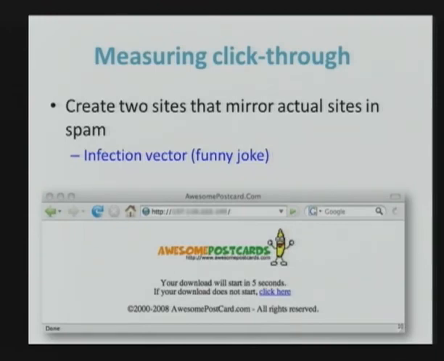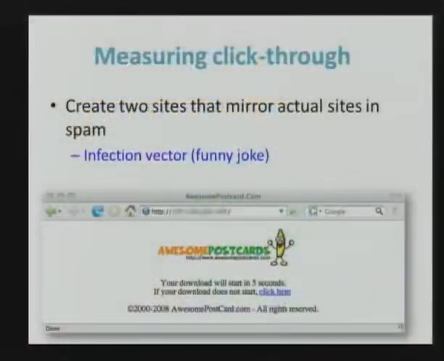The joke is on you because then you become infected with the malware and you don't even get to see a joke, which I thought was kind of a bummer. So we created a site that, from the outside, did everything the same, but instead of infecting the end host's machine, it only sent back a phone home to our machine to say, oh, this program was run, and then did nothing else.